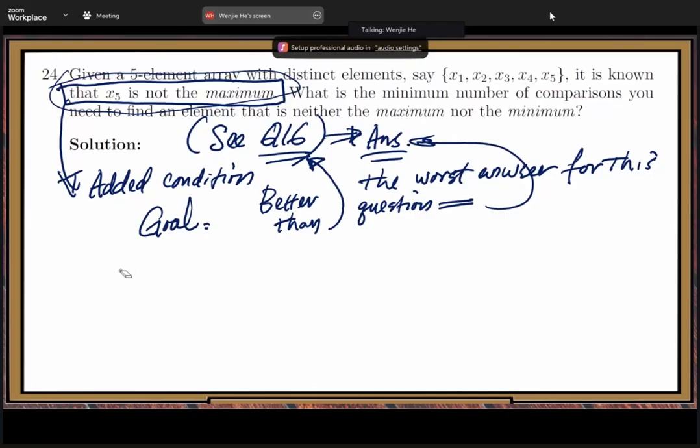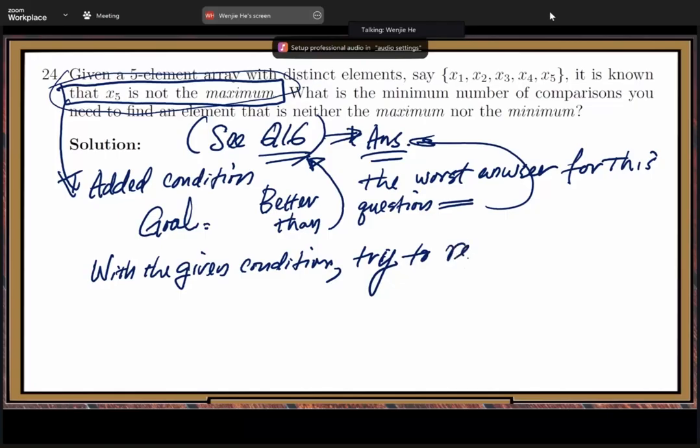So the goal, with the given condition, try to reduce just one multiplication, if that is possible.